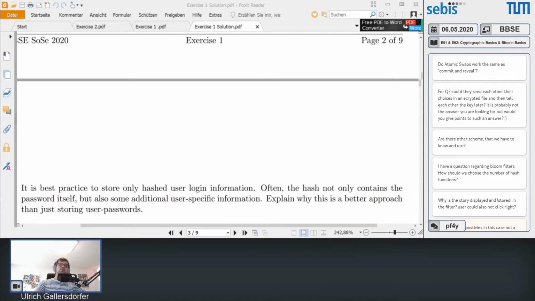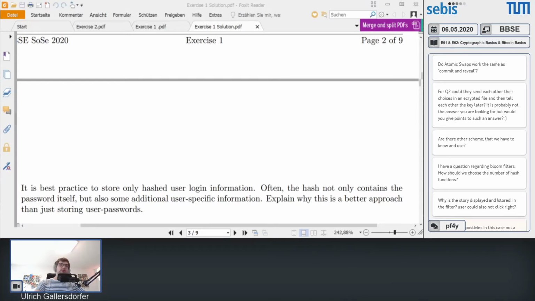And so you want to make it as hard as possible for the attacker to obtain the actual password of the user. So you hash the password, but you do not only hash the password, you hash it with a salt. So you add something to the password such that it's very hard to obtain the password from the user. Often it's user-specific information.